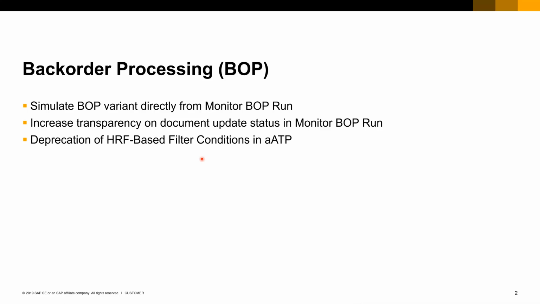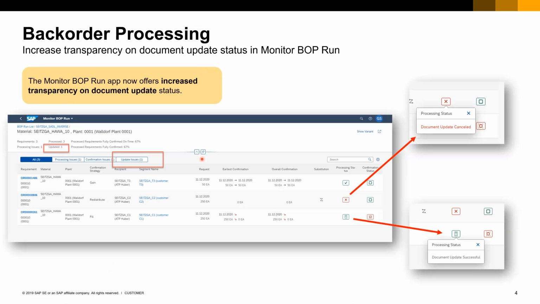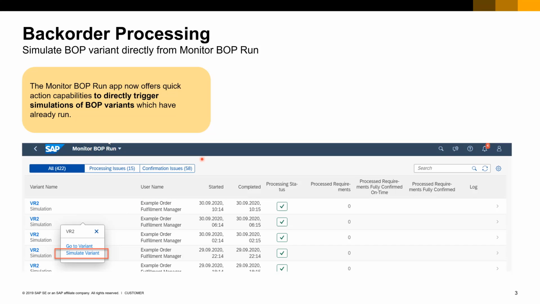A usability issue is that we have now the possibility to simulate each BOB variant just out of the BOB monitor. So if you are looking into your BOB runs in the BOB monitor and you are not satisfied with the result of a BOB, you can now directly go to a line and say simulate the variant, and then this variant would be simulated, which is, I think, a nice cool feature with regards to usability and integration.